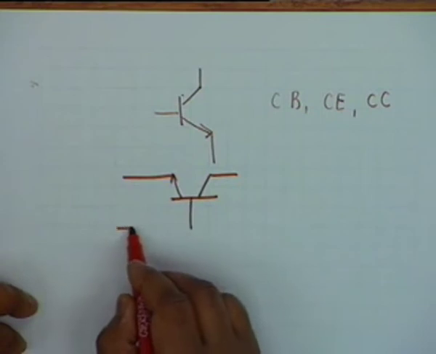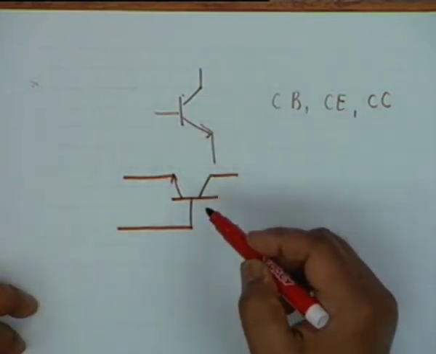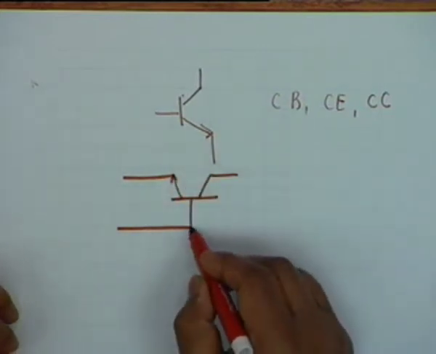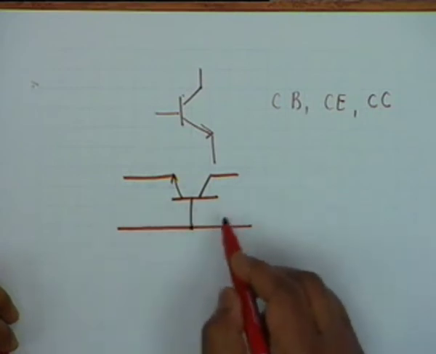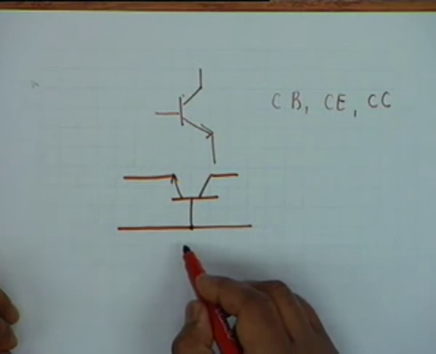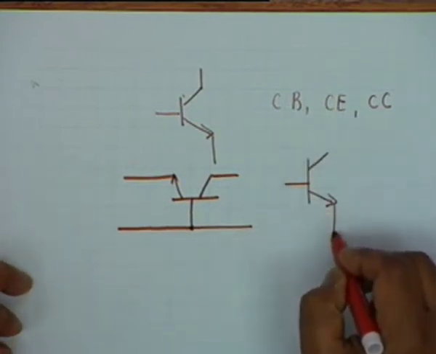That is, you apply your input. What kind of a transistor is this? NPN, not PNP. The arrow goes out. Okay? So, the base is common between the input and the output, and therefore this is called common base, whereas this is the common emitter connection.